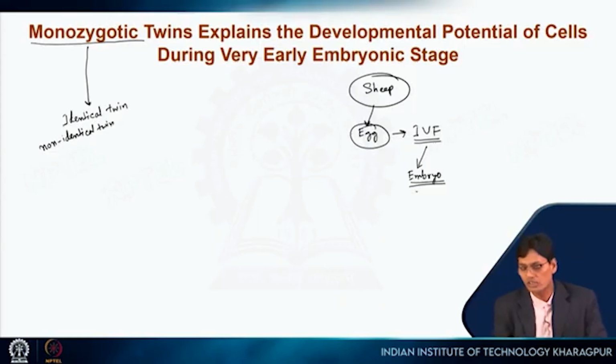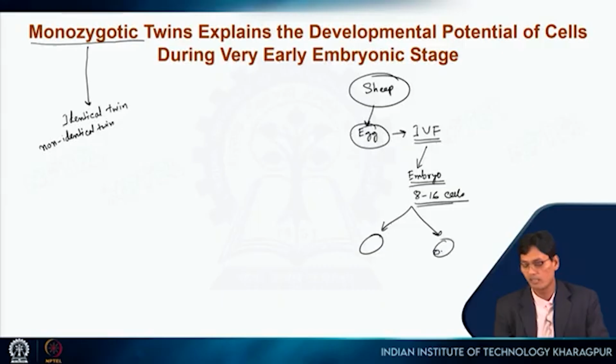So when this is just 8 to 16 cell stage, during this time, if they surgically split this embryo into two, so this is a split embryo, but this is surgically conducted, right? This is a split embryo.